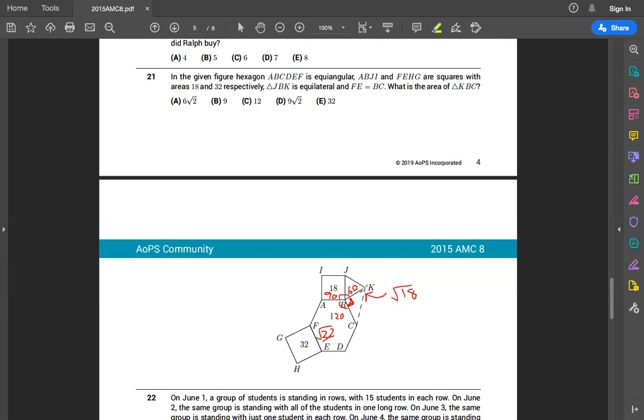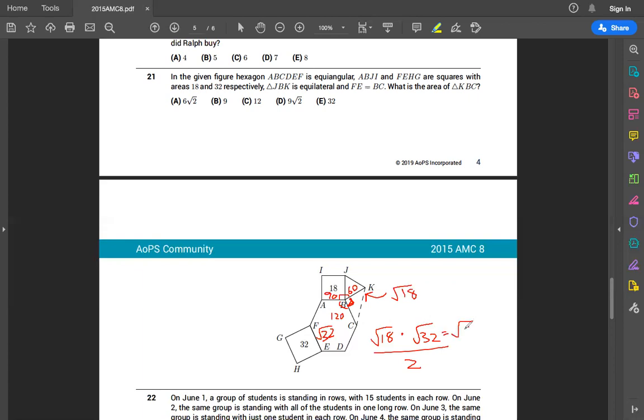So now to find the area, do square root of 18 times the square root of 32 divided by 2. And the number inside is going to be 64 times 9.